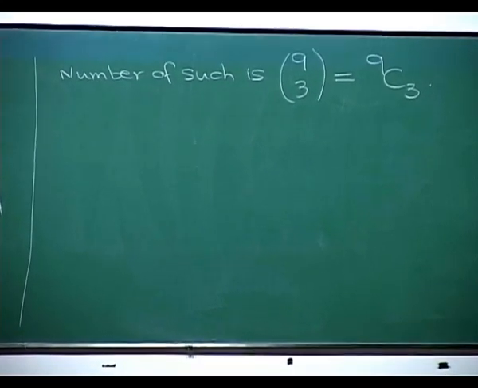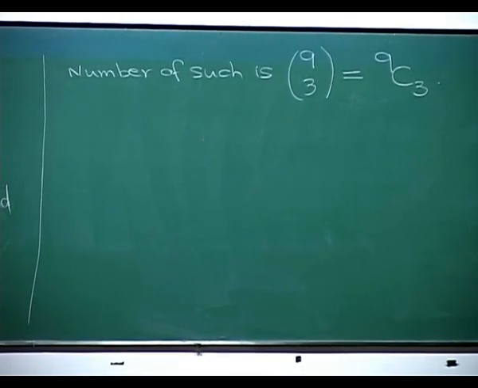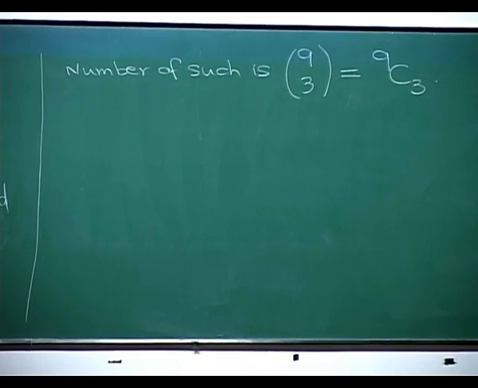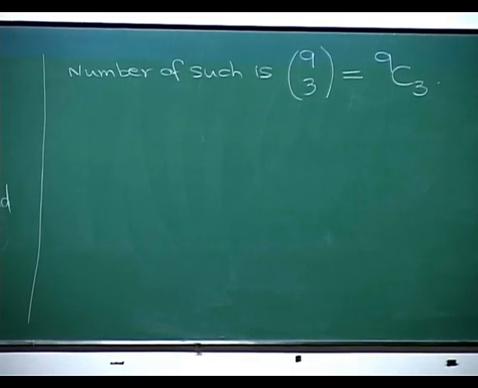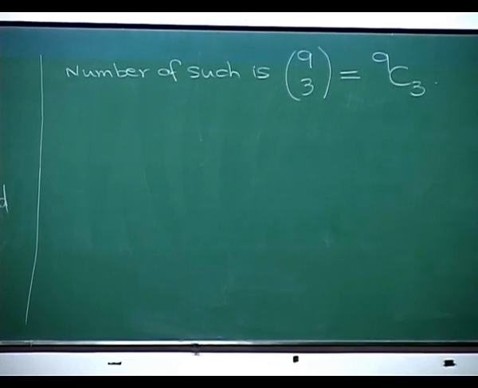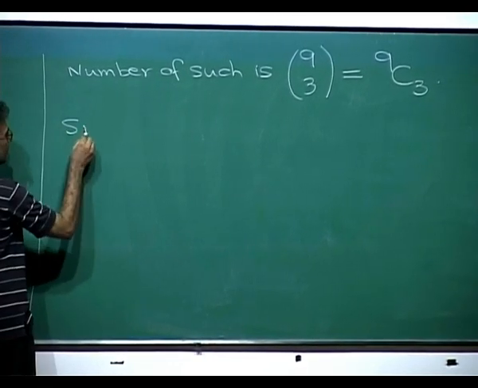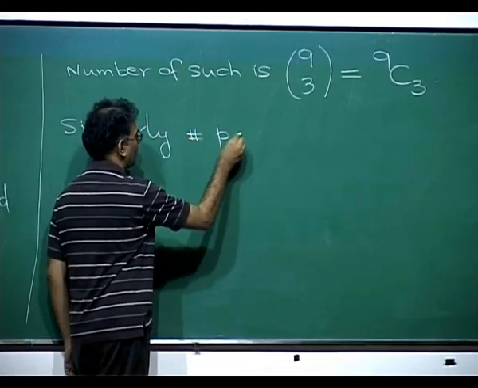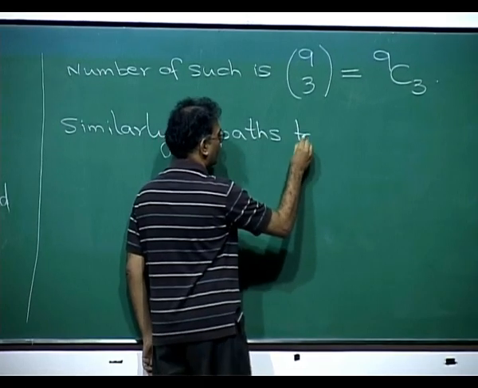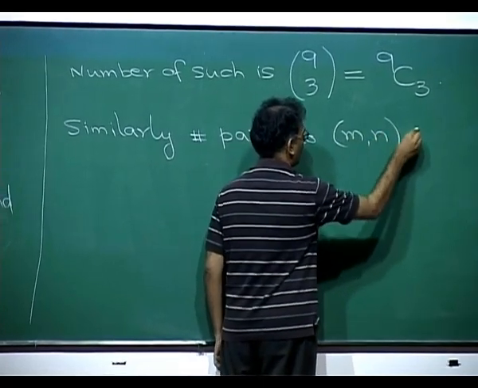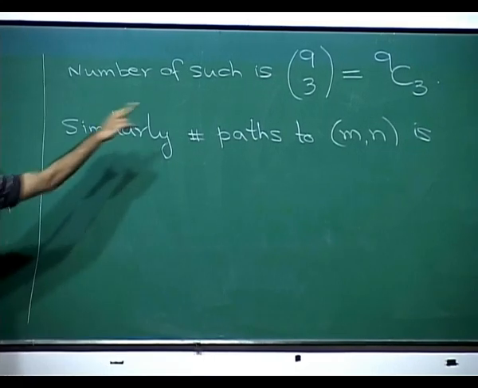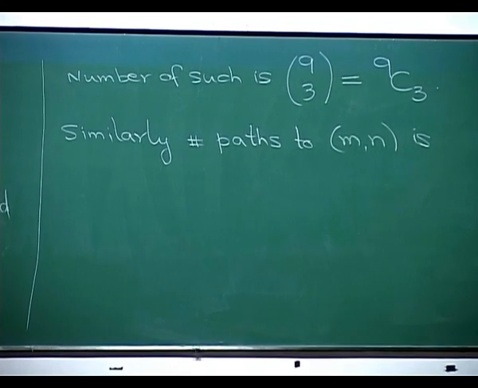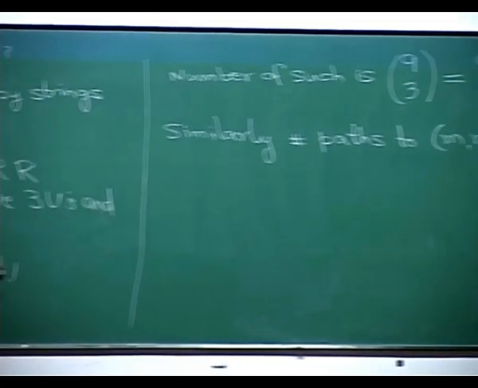This is clear, right? And this is something that you probably have seen. I know it's there in the 11th and 12th standard books. Similarly, now 6-3 is nothing special, right? Similarly, the number of paths to (M, N) is, 9 was the length, which is how many U's and R's together, that's M plus N, out of which you'll have to choose M, whichever U's or R's.